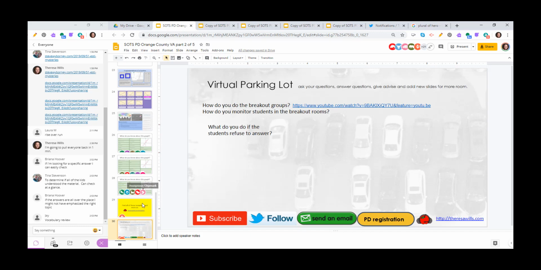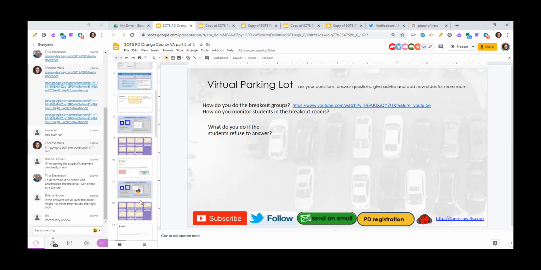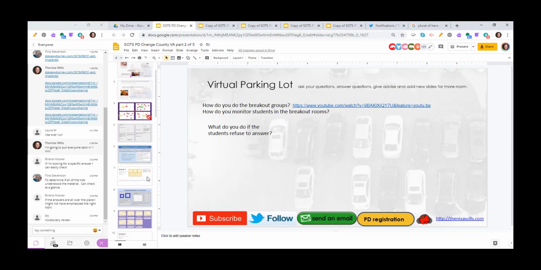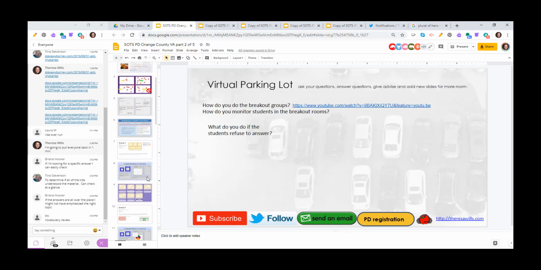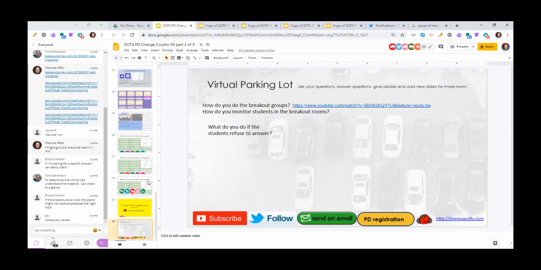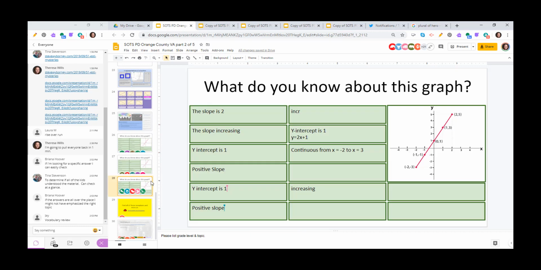Absolutely. All right, folks, so today we took a look at a routine called Which One Doesn't Belong? And then you went into breakout rooms for the entire math work time where you all had the same problem to do, focusing on conceptual understanding, and then you had a matching activity. We came back together, had a whole group discussion, and ended with an exit ticket.